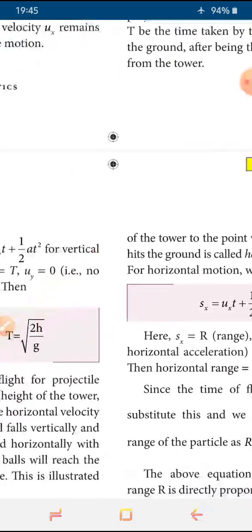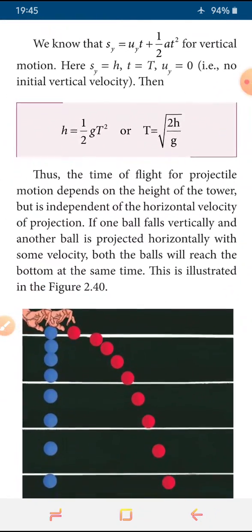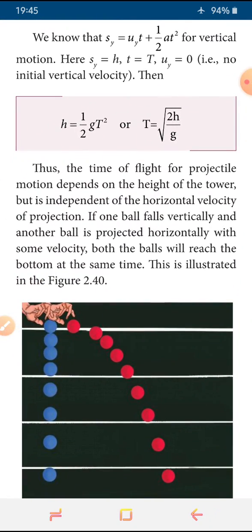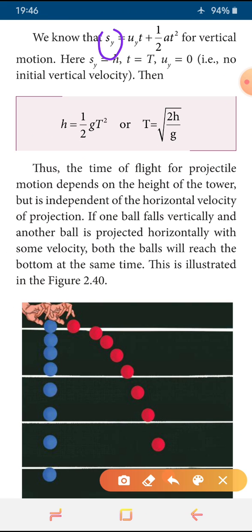Here we are going to derive the time of flight equation from the equations of motion, the third equation. So what is the third equation? s is equal to ut plus half at square. For vertical motion we substitute the displacement s as sy, and u is taken as uy, the vertical velocity, and half at square is written as it is.